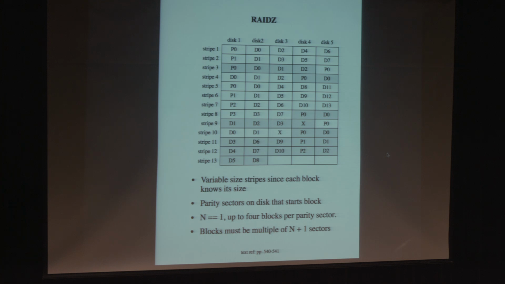Now, one of the other issues that you'll see occasionally shows up in the next one here, the one that starts on stripe 8 in disk 4. Here we have a block of size 4, 4 pieces to it. If we just did it in a straightforward way, D0, 1, 2, 3, and parity, we would end up using 5 of the disk blocks.